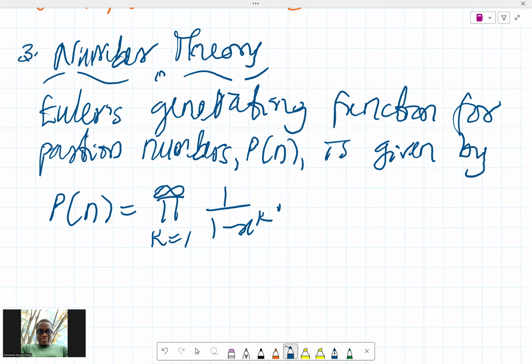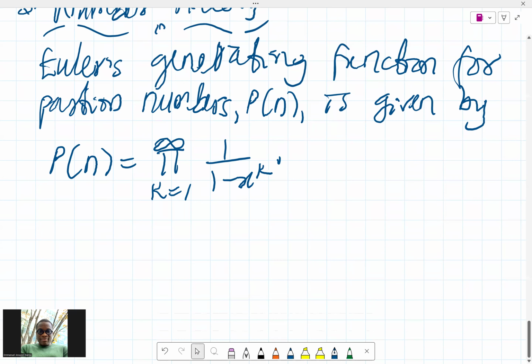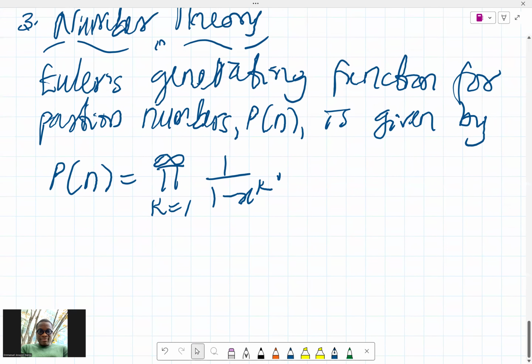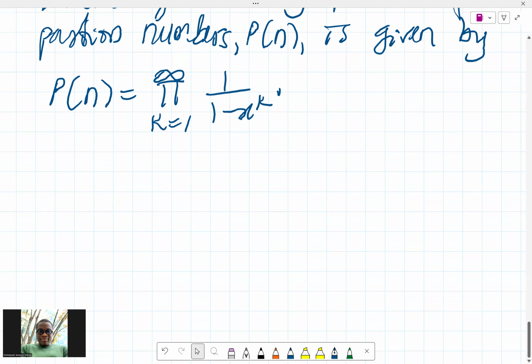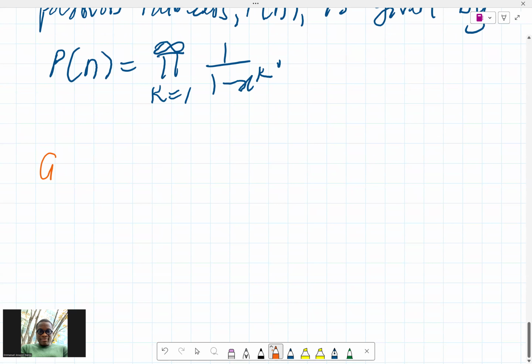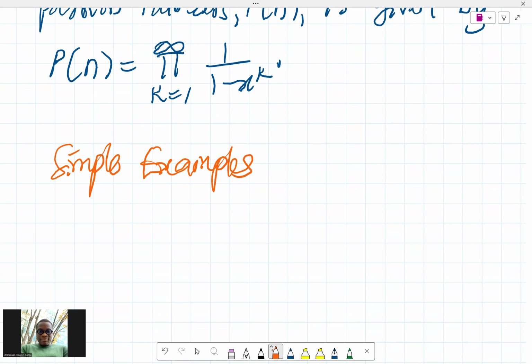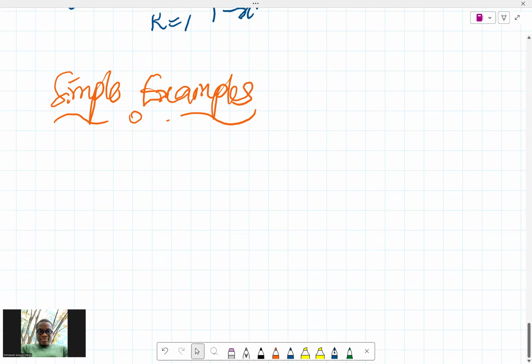All right. So we also have some simple examples of generating functions, though I've been talking about different examples all along.